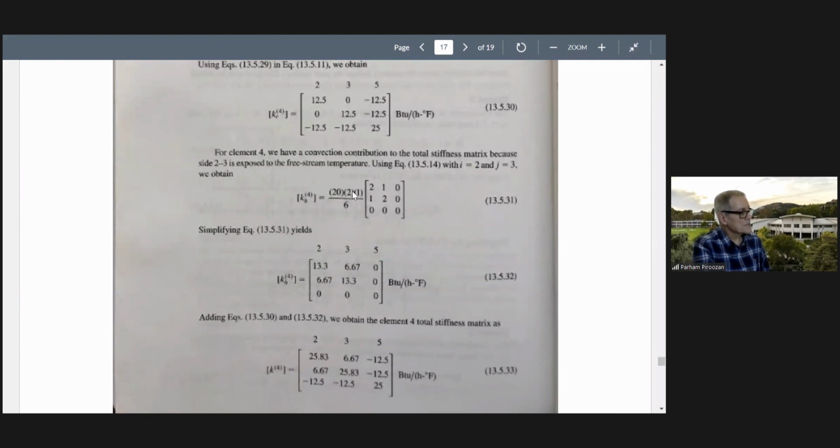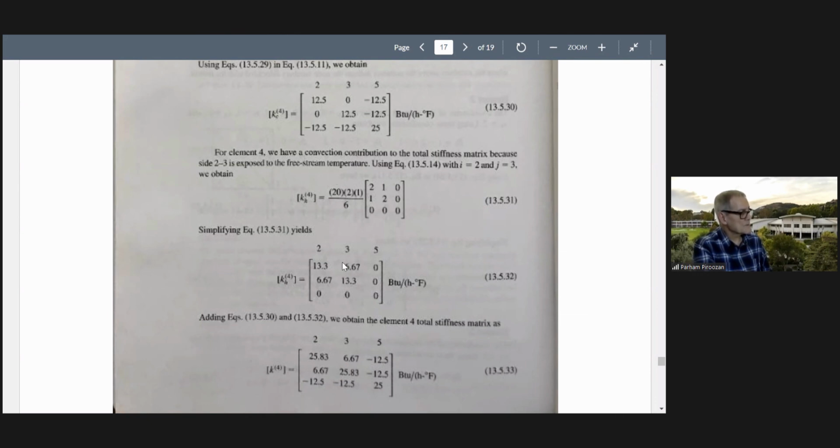This is T infinity times L over 6. Multiplying, we get k sub h to be this one. Again, degrees of freedom 2, 3, 5. This is k sub c for element 4. This is k sub h for element 4. Add these two, we get this one.